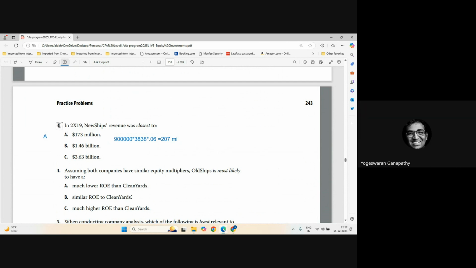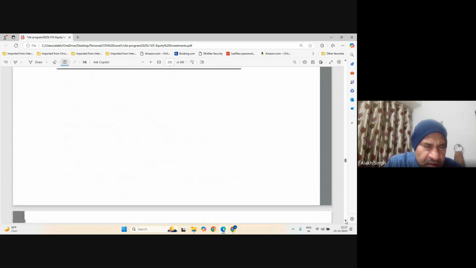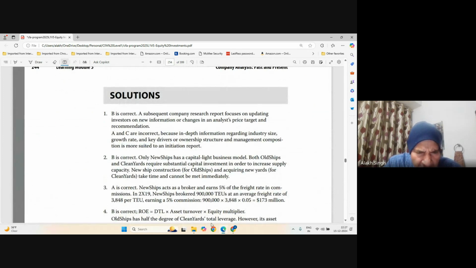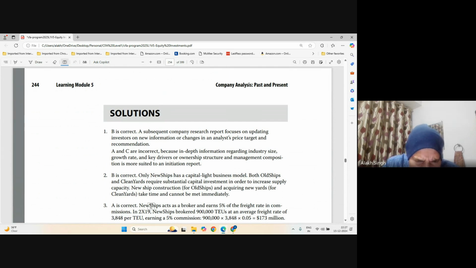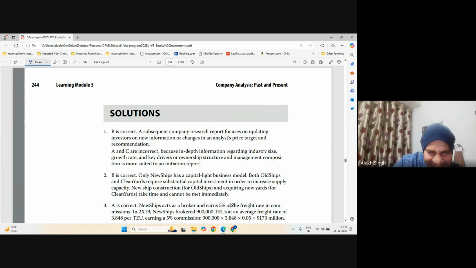But then what is the mistake? Let's go and see the answer to 3. A is correct, but what is the problem? New ship acts as a broker and on 5... This one is not 5%, this one is actually 6%.